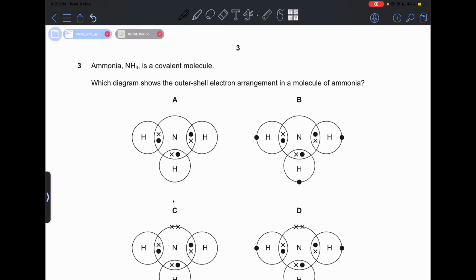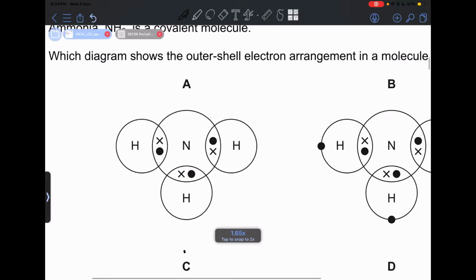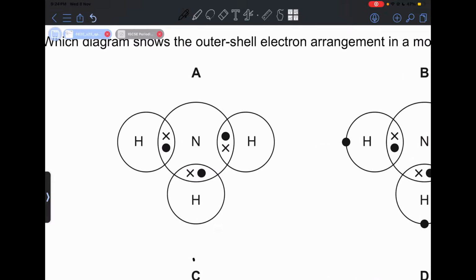3. Ammonia is a covalent molecule. Which diagram shows the outer shell electron arrangement in a molecule of ammonia? So over here we can see that A shows an incorrect diagram because the nitrogen does not have a full outer shell. It only has 6 electrons in its outer shell, and it is supposed to be 8, not 6. So this is incorrect.